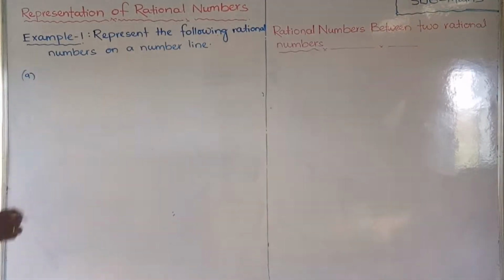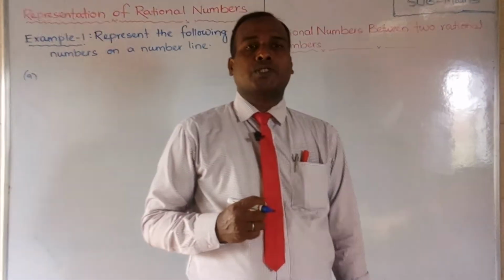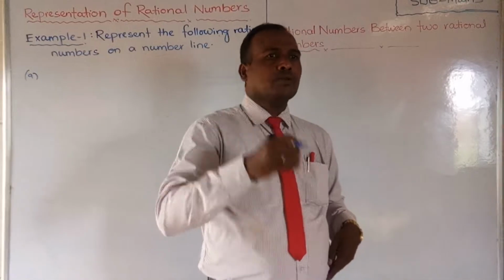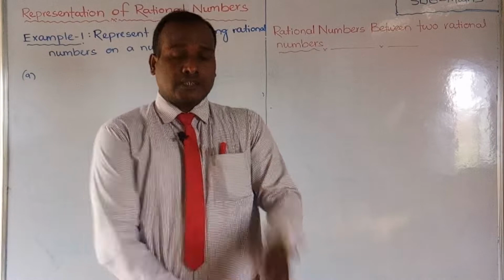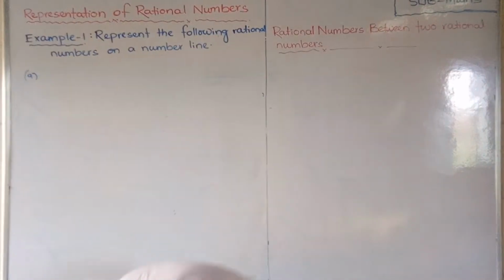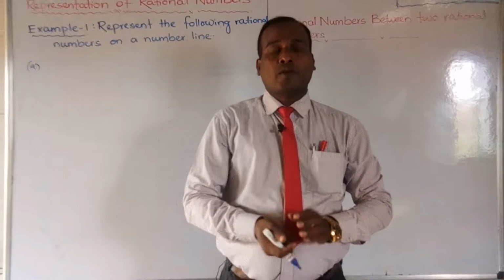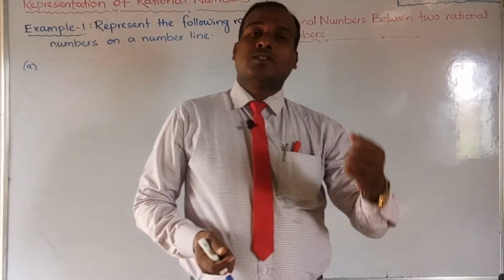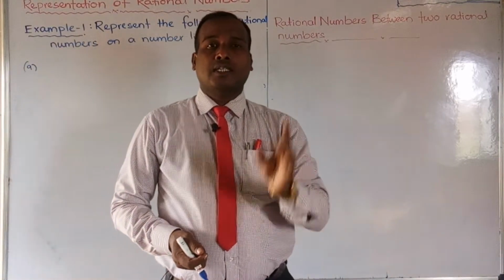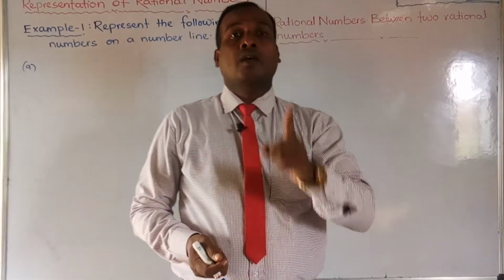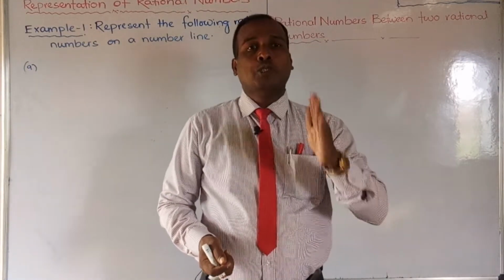Before that, there is one technique you have to remember, students. While you are going to represent rational numbers on the number line, first of all you should see whether the rational number is a proper fraction, an improper fraction, or a mixed fraction. If the rational number is a proper fraction, then it lies between 0 and 1.